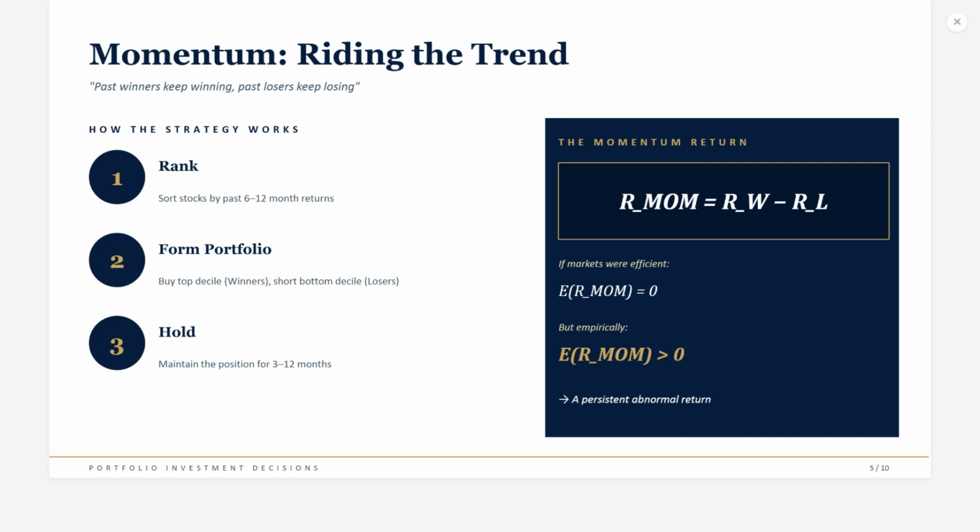Let's know what momentum is. Actually, momentum is riding the trend, and as we know, past winners keep winning and past losers keep losing. Just think about a cricket match. Whenever the momentum is with a particular team or a particular player, who has been dominating throughout the match, he will keep dominating in that match.